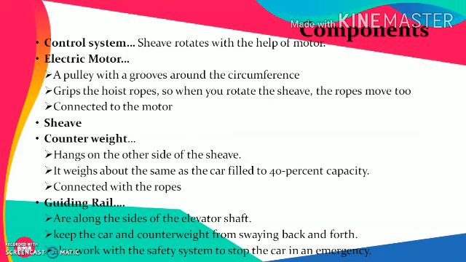Then a counterweight. The counterweight hangs on the other side of the sheave. It weighs about the same as the car filled to 40% capacity, and they are connected with the ropes. And the guiding rails are along the side of the elevator shaft. They keep the car and counterweight from swaying back and forth, and they also work with the safety system to stop the car in an emergency.